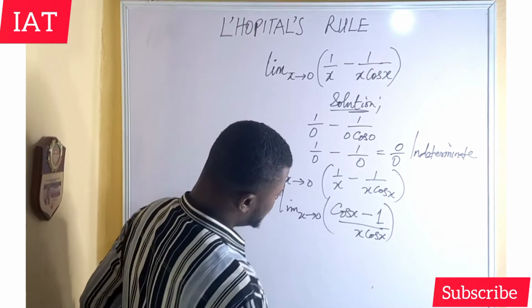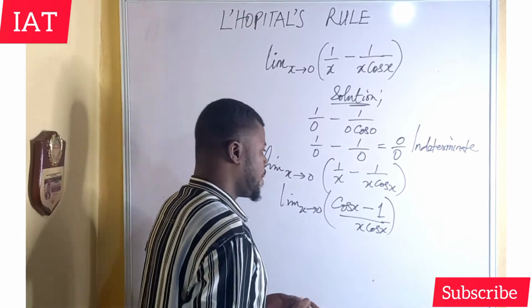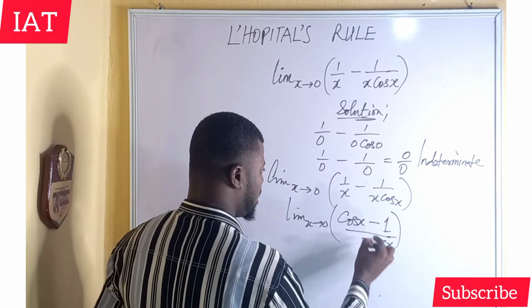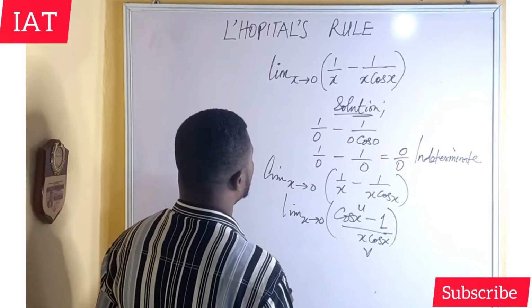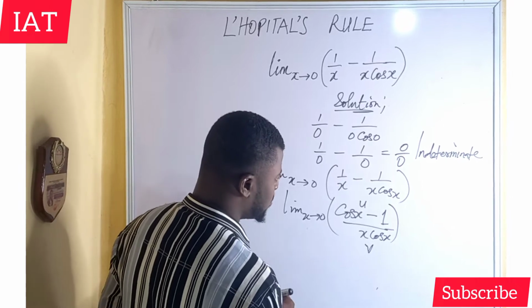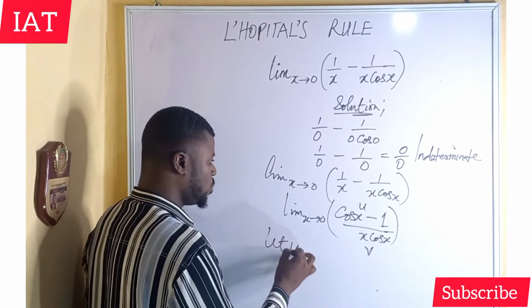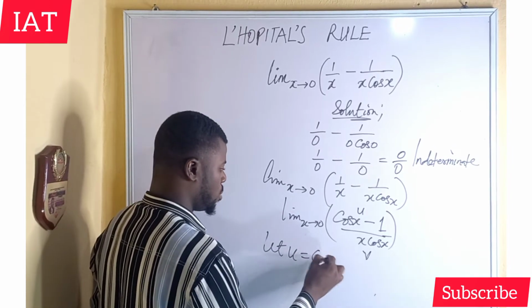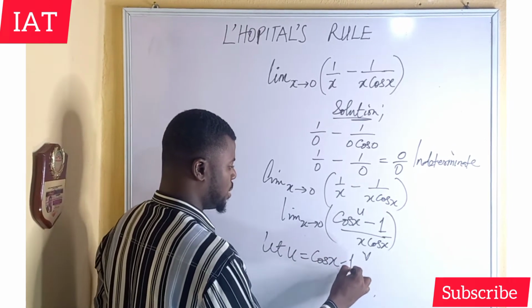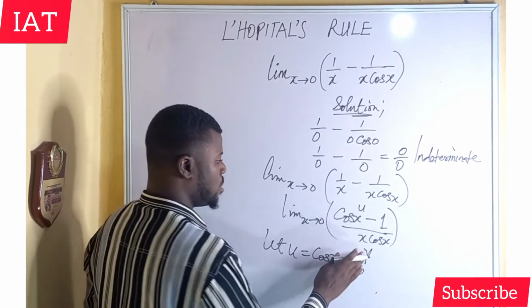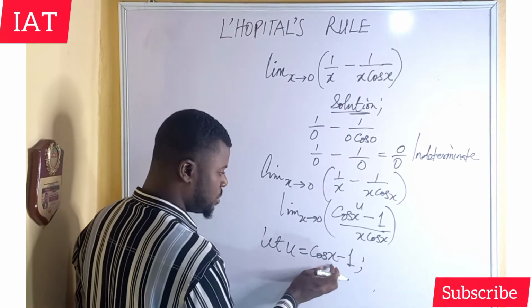So at this point, what is the next thing we're going to do? We can make this our u and the denominator our v. Let u be equal to cos x minus 1. And what is the next thing we should do? We have to differentiate this u with respect to x.